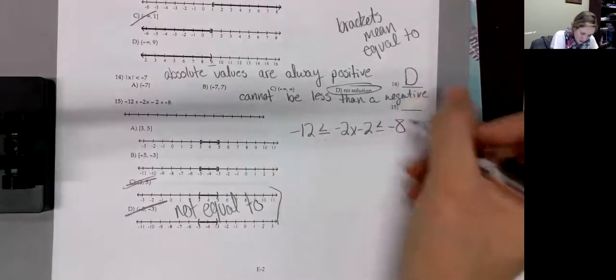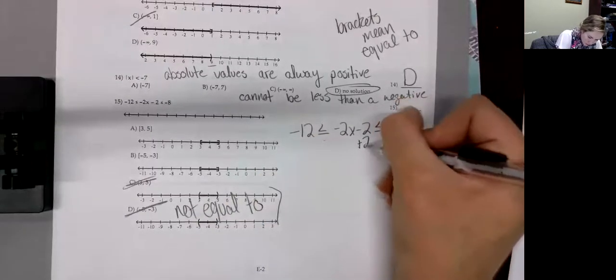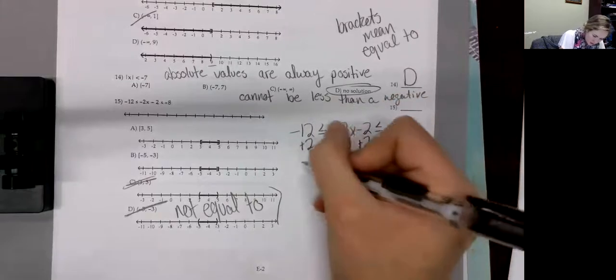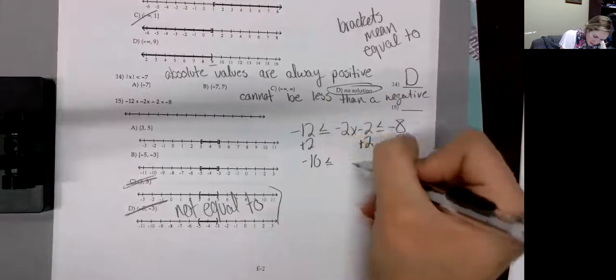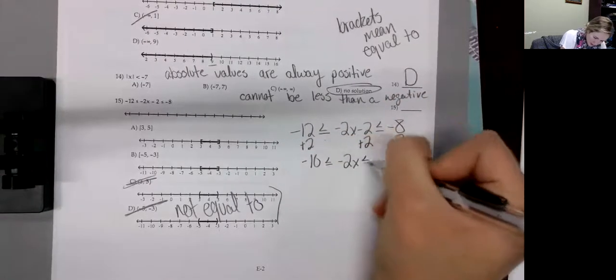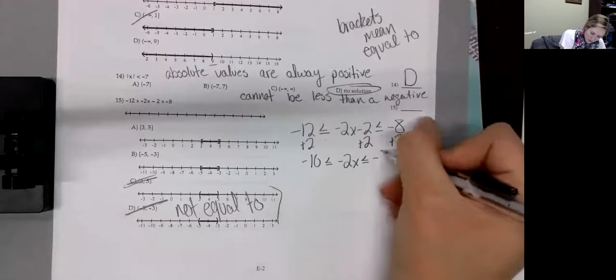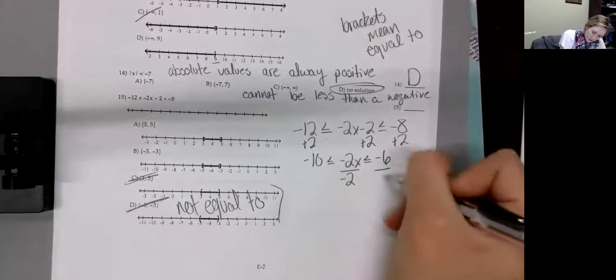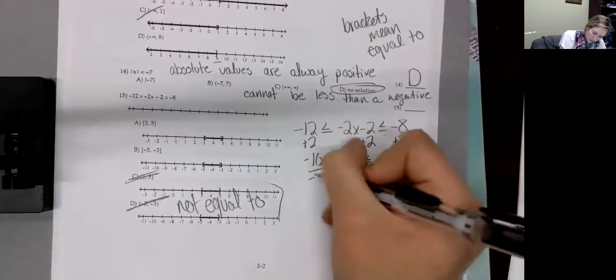And then we're going to solve this. Since it's a compound one, whatever we take out of the middle, we have to put on the left and right side. So negative 12 plus 2 would give us a negative 10. Now we have negative 2x less than or equal to negative 8 plus 2 is negative 6. Now when we divide by this negative 2, all of our signs are going to change.